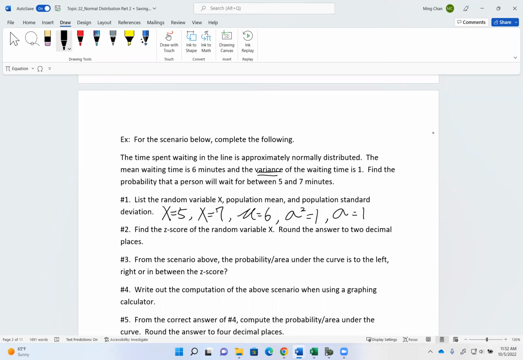All right, so I've got two z-scores I have to find. First one is 5 minutes: standard deviation is 1, so 5 minus 6 is -1, divided by 1 is -1.00. The other z-score is 7 minus 6 divided by standard deviation 1, which is positive 1.00.